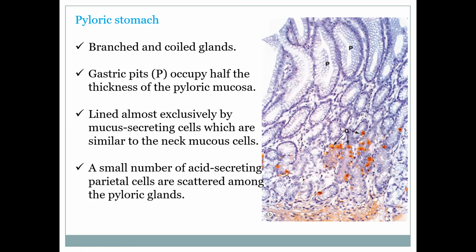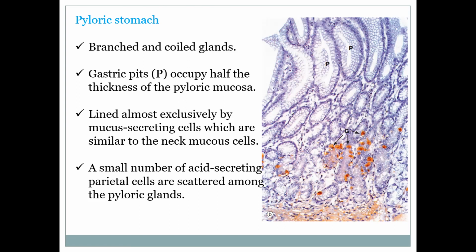That is a differing point from the glands of the body of the stomach, because the gastric pits of the glands in the body of the stomach occupy only part of the thickness of the mucosa, and the pyloric glands, their gastric pits occupy about half the thickness of the pyloric mucosa.